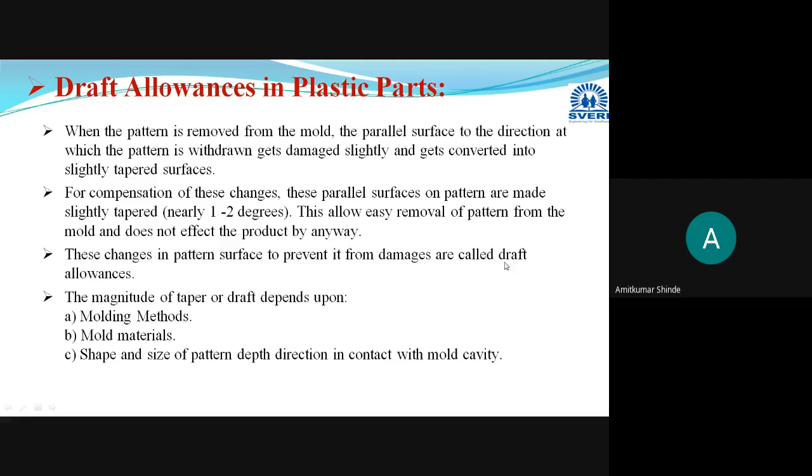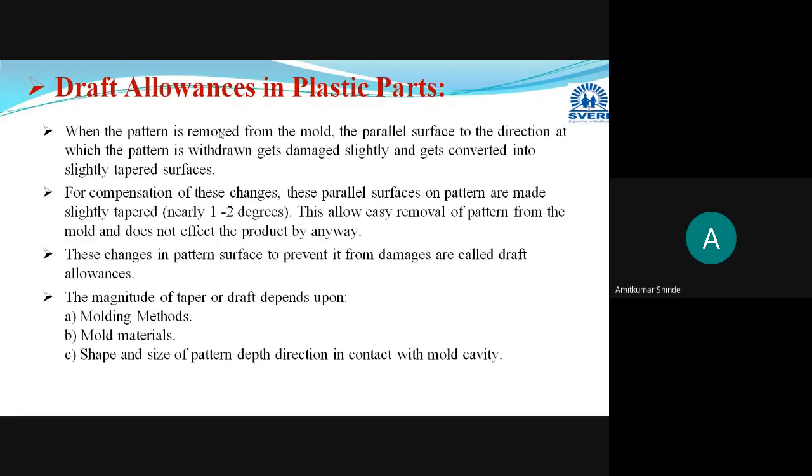So this is the draft allowance, and it depends on which material we are using, which mold material, which molding method, and the shape and size of the mold. Depending on this, the draft allowance in the plastic part will change.